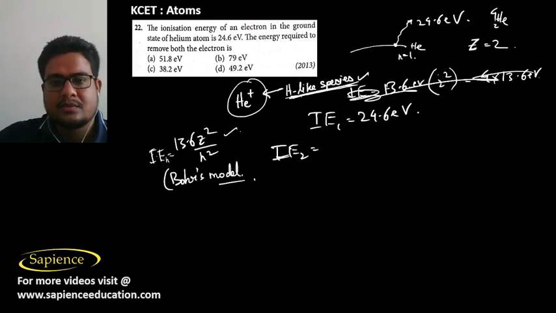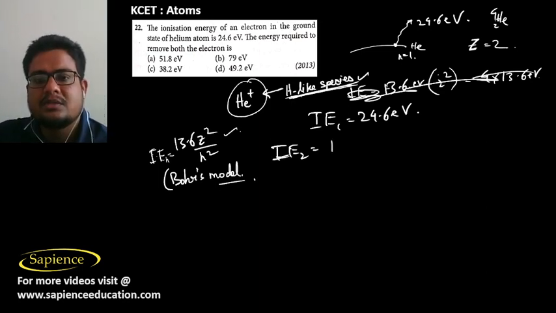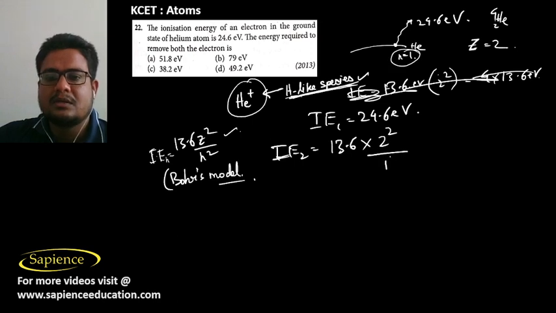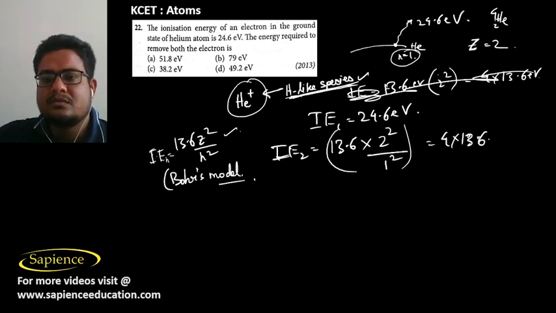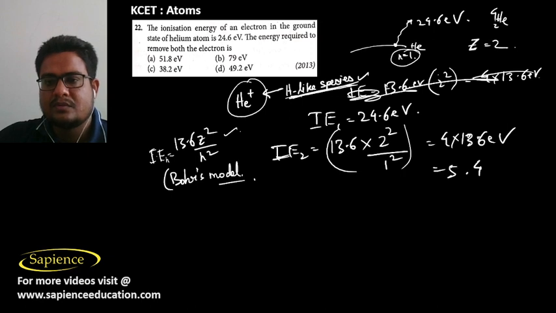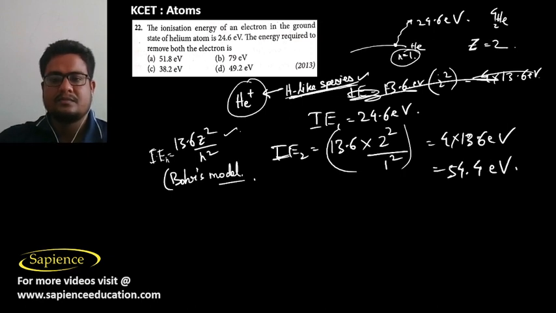So the second ionization energy is equal to 13.6 into Z square, that is 2 square, by n square, and n is equal to 1 for the ground state. So this is equal to 4 into 13.6 electron volt, that is 54.4 electron volt.